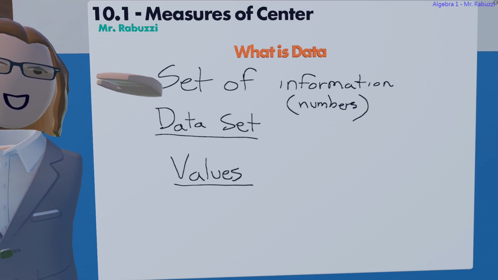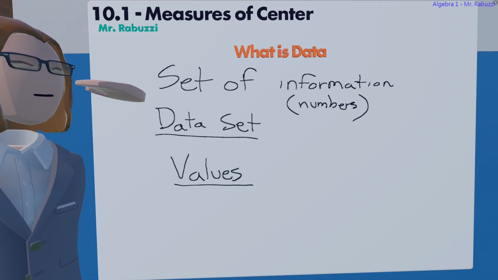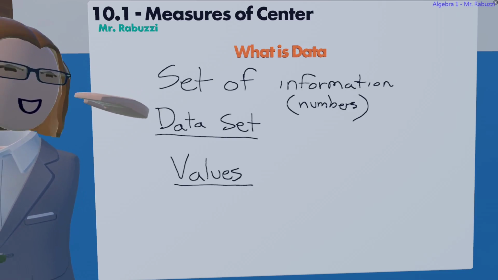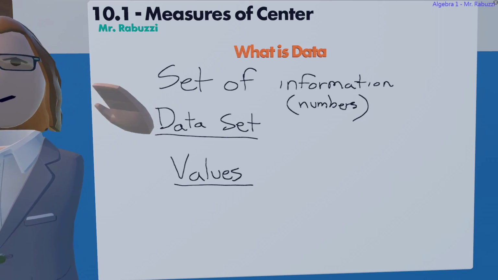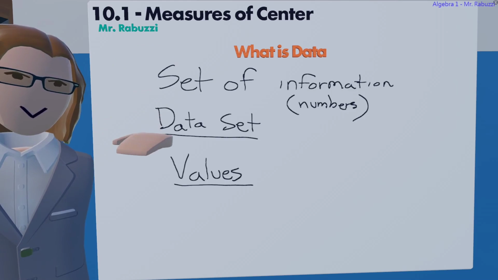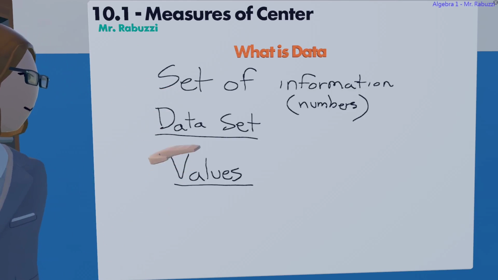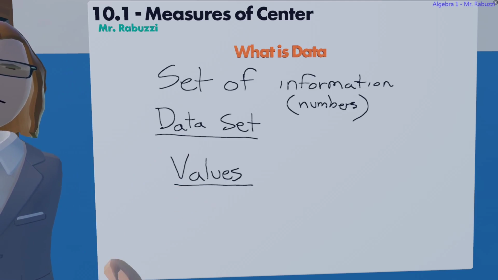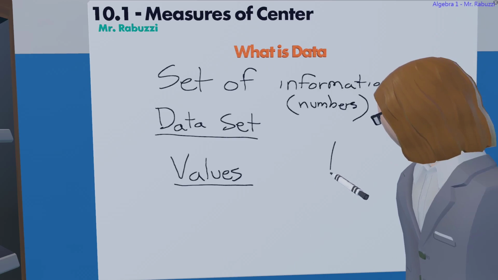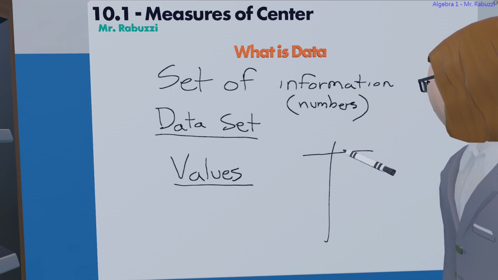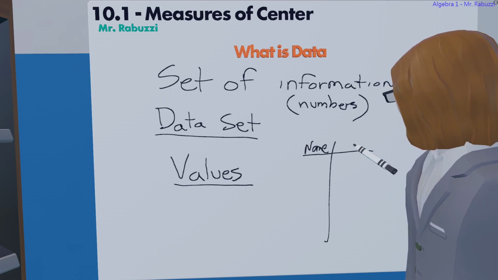You know, Johnny got an A or 92. Elizabeth got a 93. Blah, blah, blah got a 97. Those are the values, right? 92, 93, 97. So a data set is full of values. And a lot of the time, we might have like a T-chart table of the values, you know, the name of the person and their score.